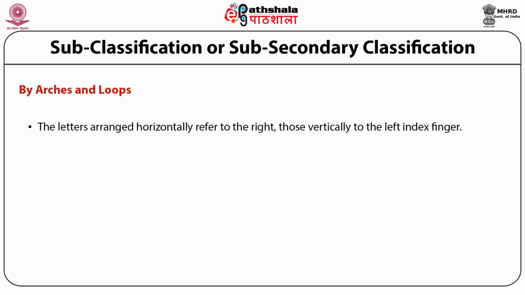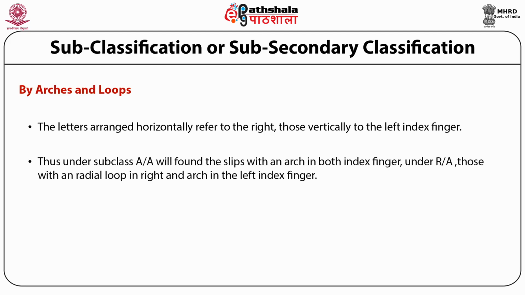The letters arranged horizontally refer to the right, those vertically to the left index finger. Thus, under subclass A divided by A will be found the slips with an arch in both index fingers. Under R multiplied by A, those with a radial loop in right and arch in the left index finger.